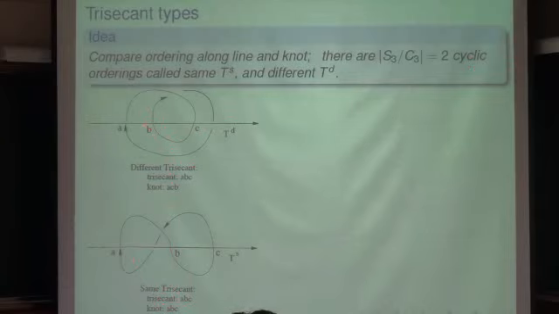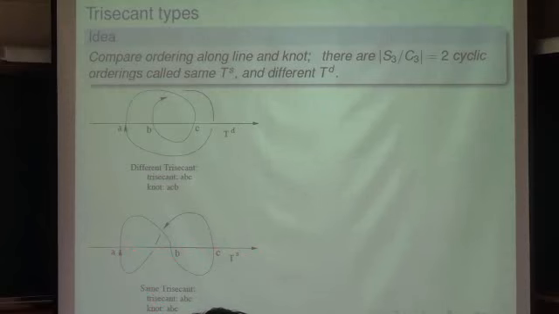Here the order along the line is A, B, C. But the order along the knot is A, C, B. So that is different. So this is a trisecant of different ordering. And this one down here, the ordering along the line is A, B, C. The ordering along the curve is A, B, C. So they match. So this is a same trisecant.